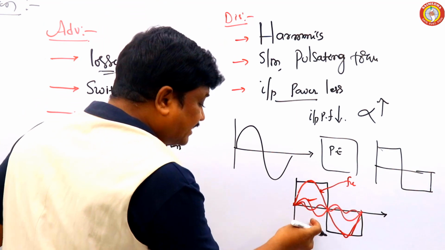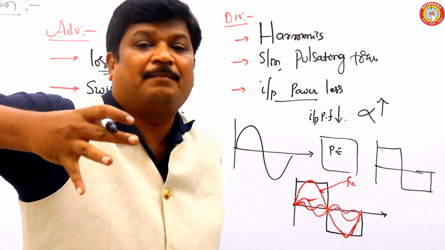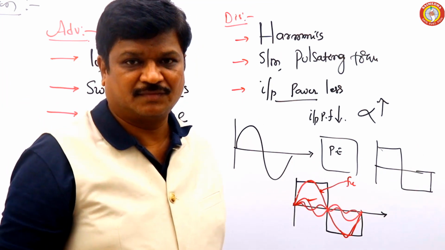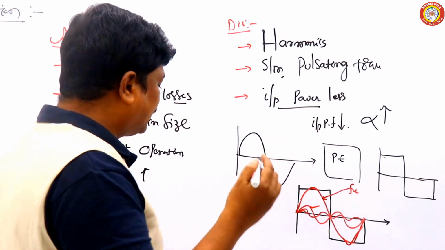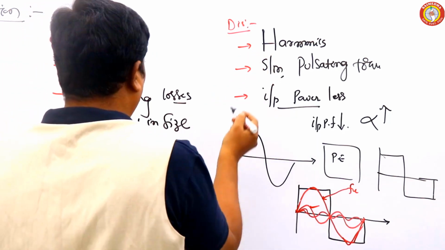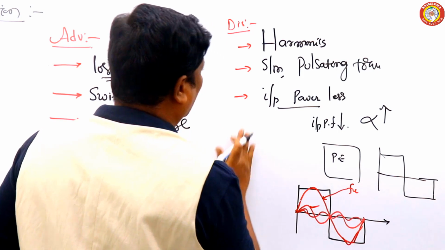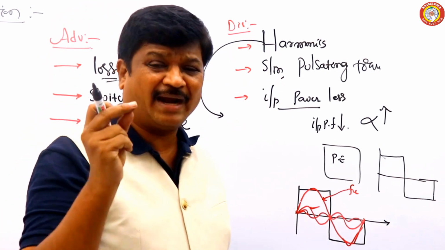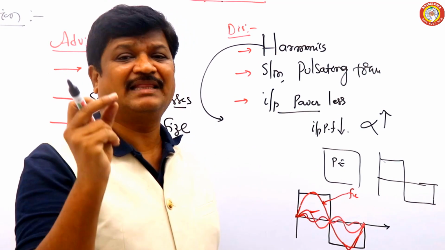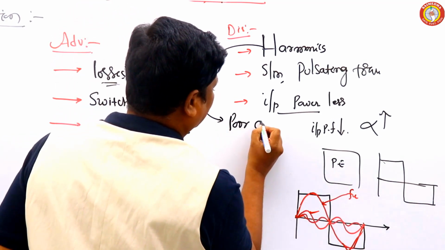All these harmonics in the power supply create poor quality in the power system. What are the drawbacks due to harmonics? They provide a poor quality of power supply.